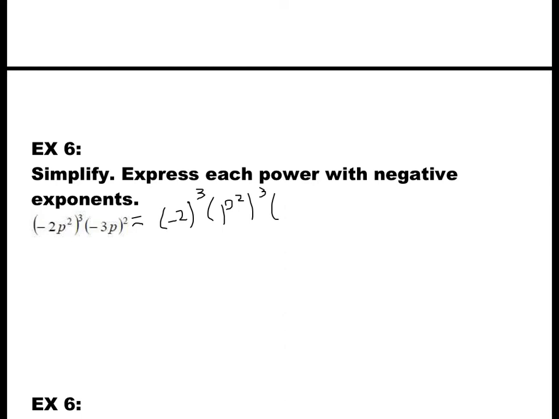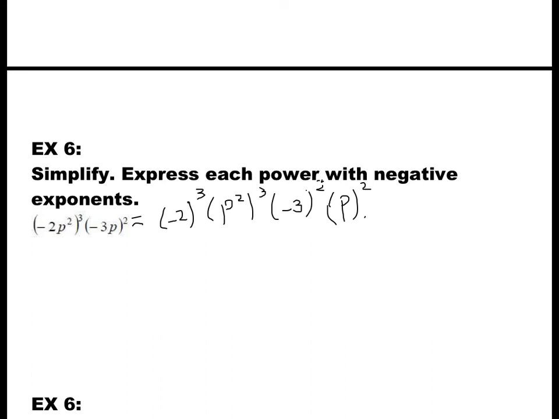And then negative 3 exponent 2 and then p exponent 2. I'm just distributing it inside the bracket.